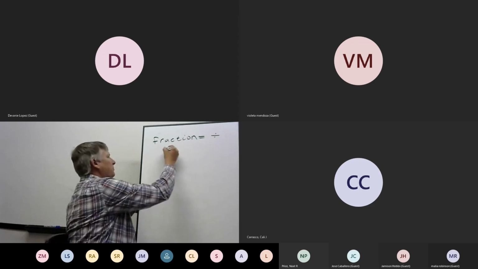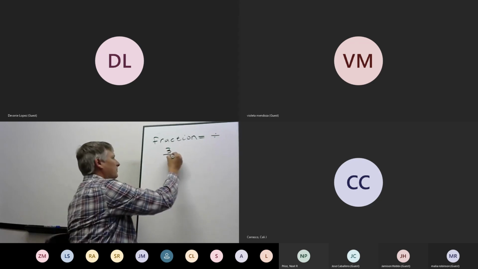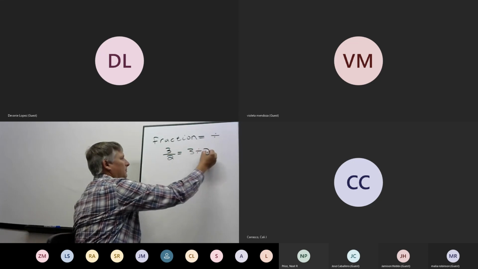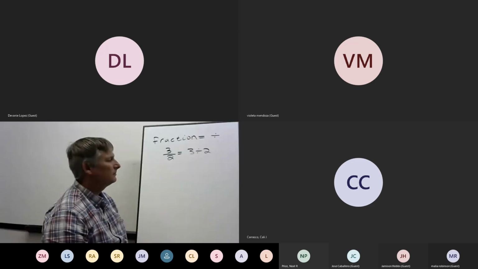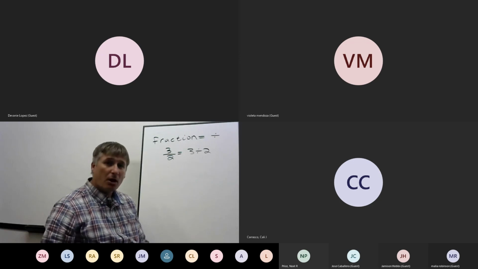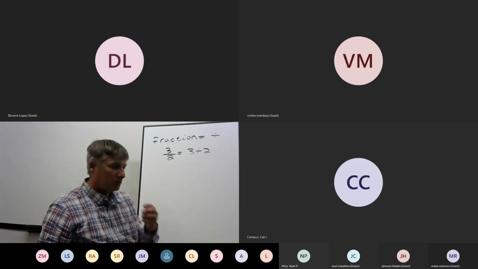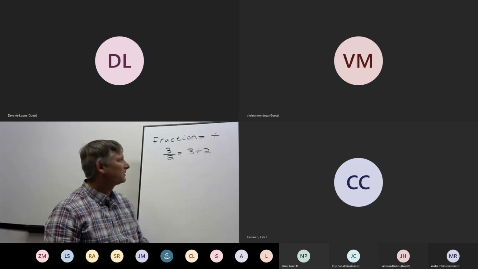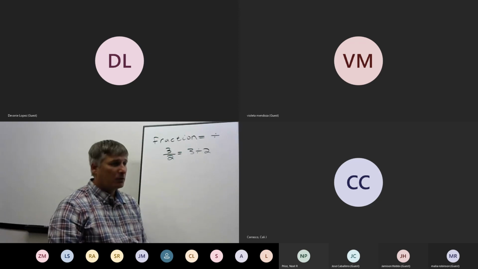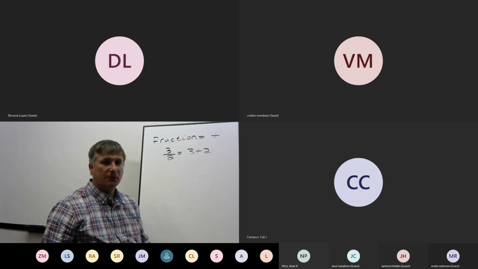So if we have 3 halves, this is 3 divided by 2. They're the same thing. So when we talk about percents, we're going to do our first conversion. We're going to use this fact, and the stuff we did with multiples of tens, to convert percents to decimals.